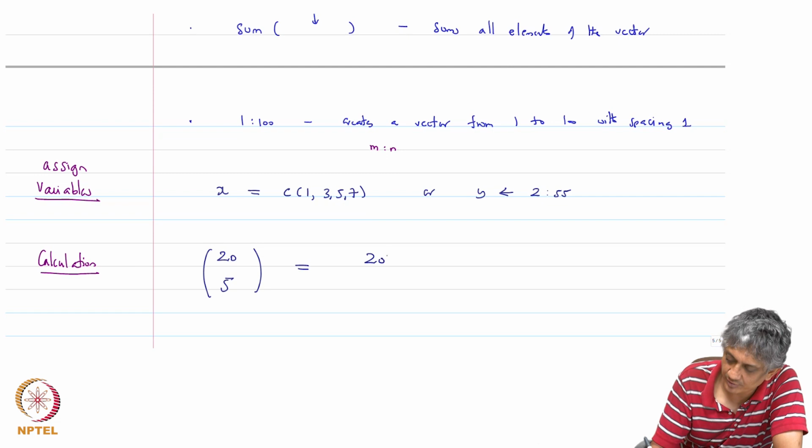That's going to be 20 factorial divided by 5 factorial and 15 factorial. That's one way of doing it.